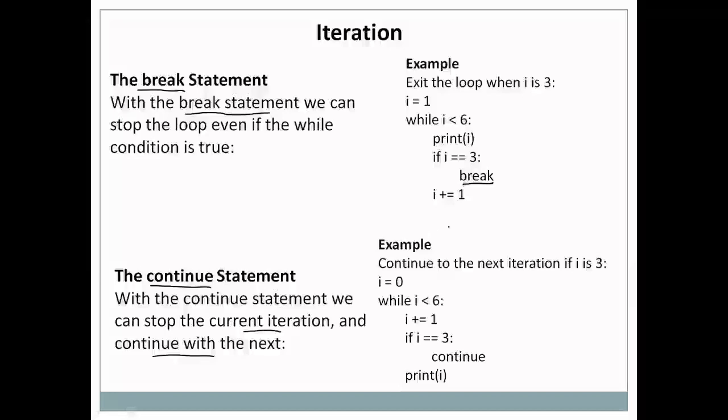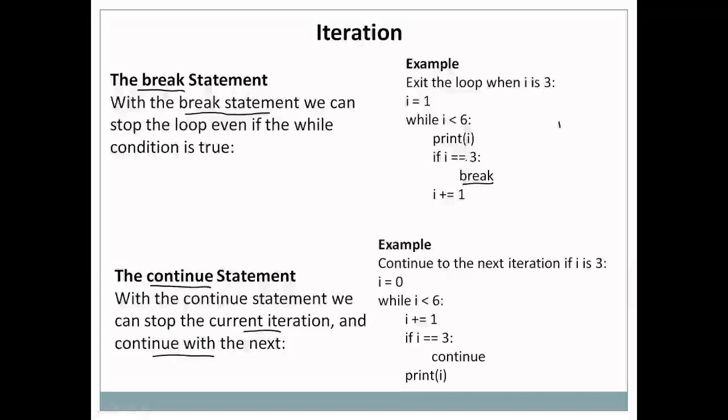Okay, looking at this particular loop, can you guess the output? When i is equal to 1, it will simply print 1, and this condition is false because 1 is not equal to 3.